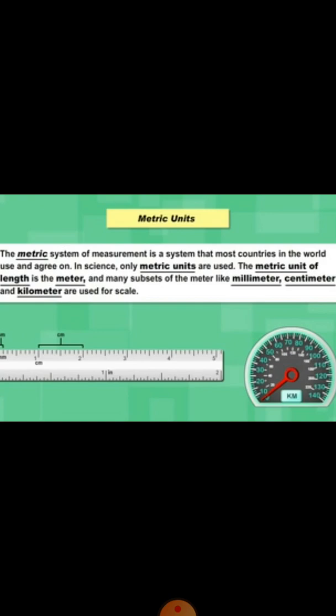The metric system of measurement is a system that most countries in the world use and agree on. And in science, only metric units are used to measure the length of different objects. The metric unit of length, or we can say the standard unit of length, is the meter, and many subunits of the meter are millimeter, centimeter and kilometer.